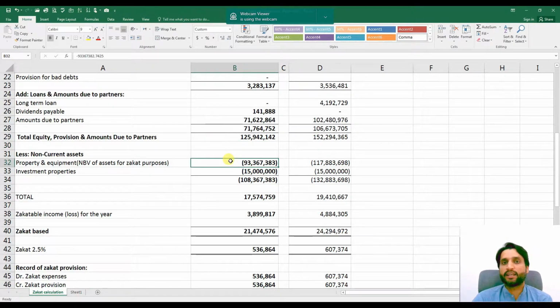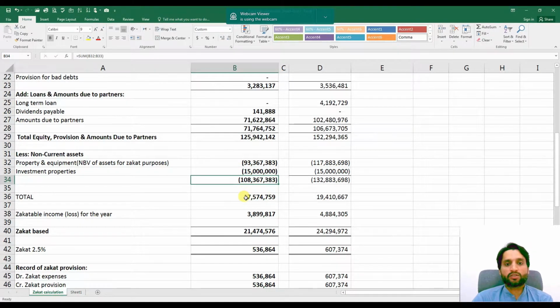When we are making the balance sheet, this is positive, but when we are going to calculate zakah in this formula, which I will share with you, the sheet also, I will paste a link below in my video, this figure we need to write in minus, not in plus. Also investment properties, this figure in the balance sheet is positive, but we need to write it here in minus figure. So our balance is coming in minus.